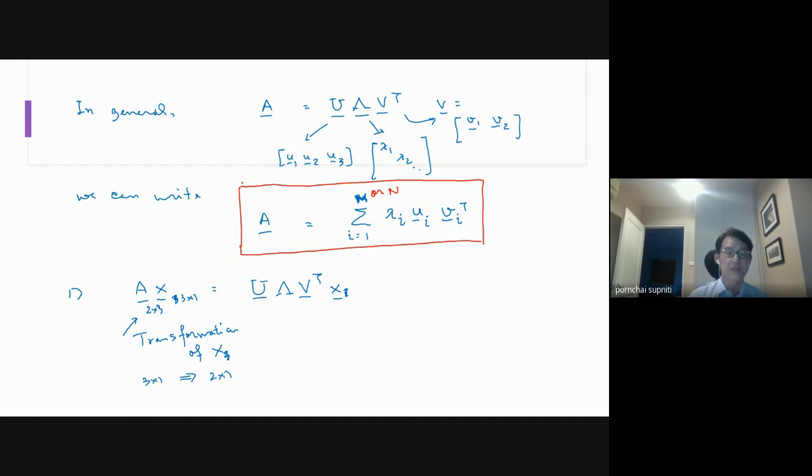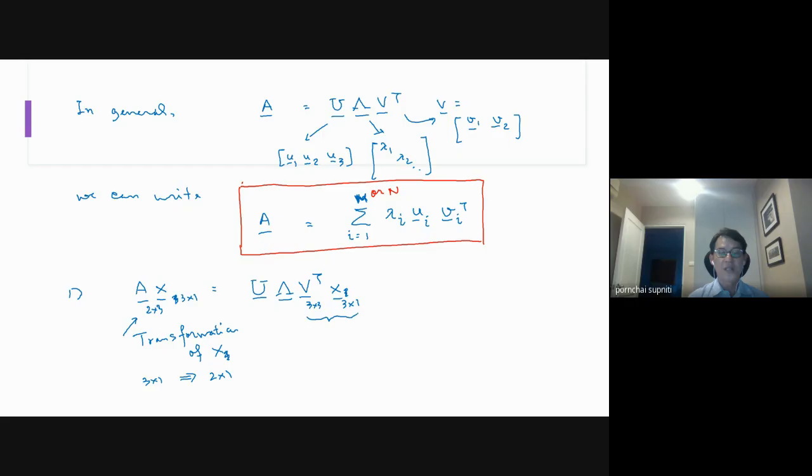When you multiply A with x, it's the same as multiplying U lambda V transpose and then x, where V transpose is 3 by 3 and x is 3 by 1.